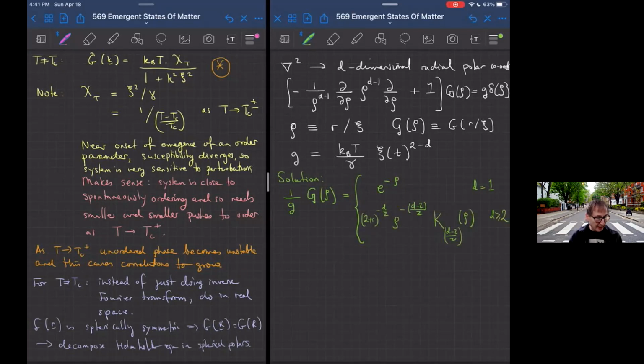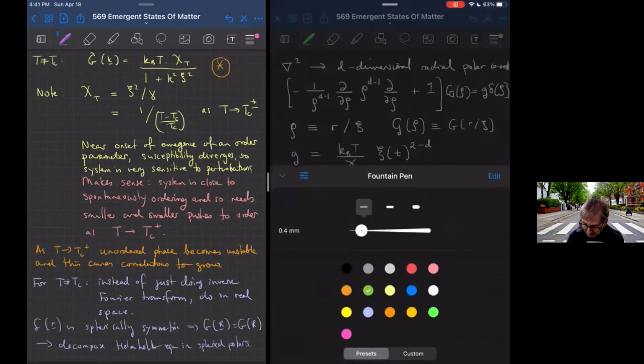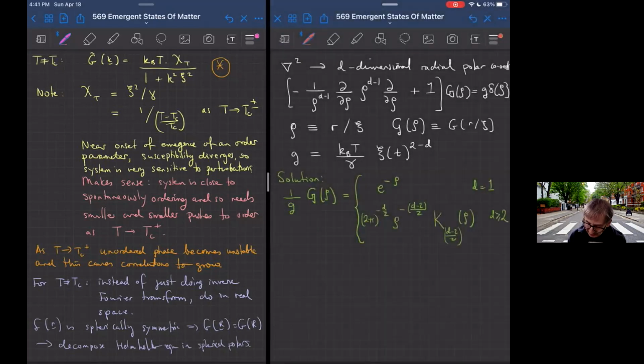So it's equal to this thing in d greater than or equal to 2, and this thing here is called the modified spherical Bessel function of the third kind.